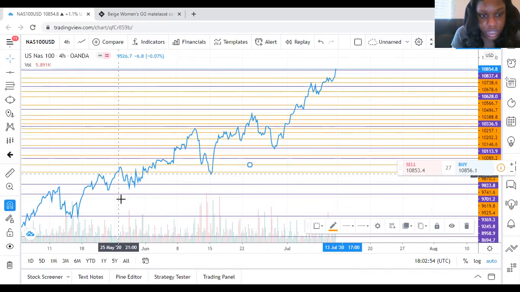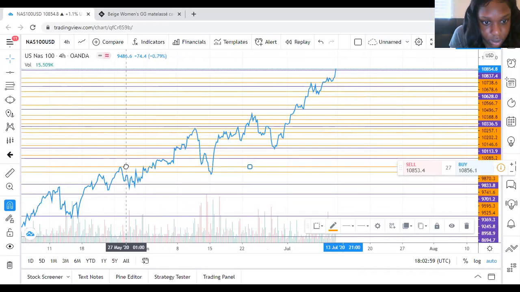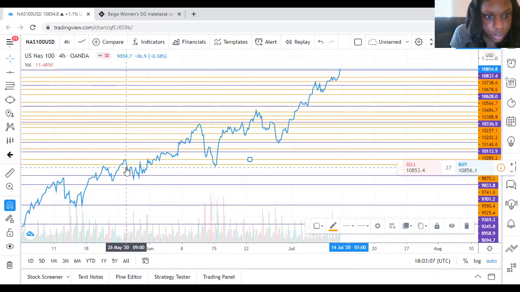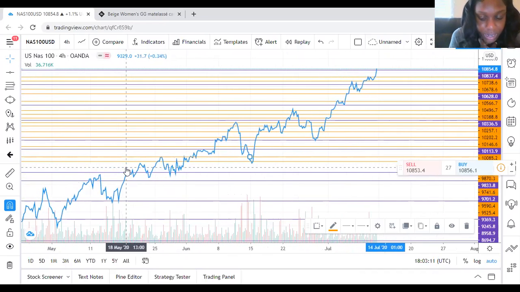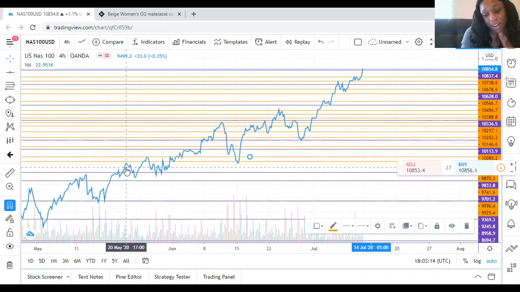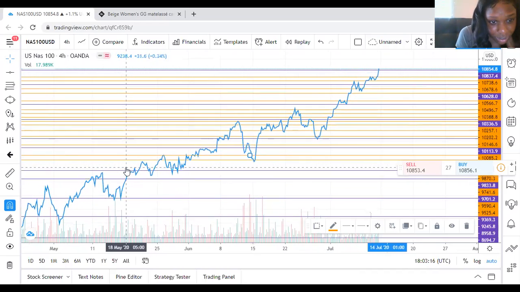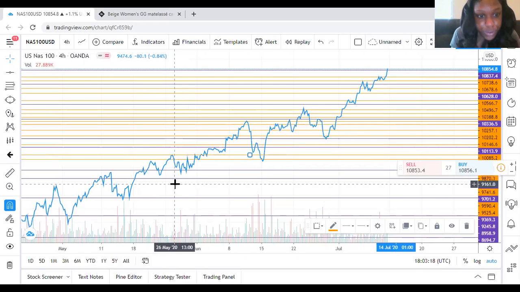I'm gonna see this zone. Put it right here because on this side it hit it here, and then bounced off. That's relevant. Like I said, I don't need to go too far. Well, matter of fact, this is a 4 hour, so let me go a little further down.